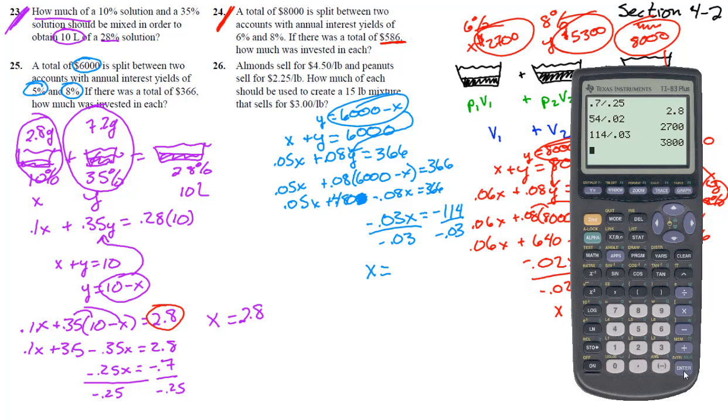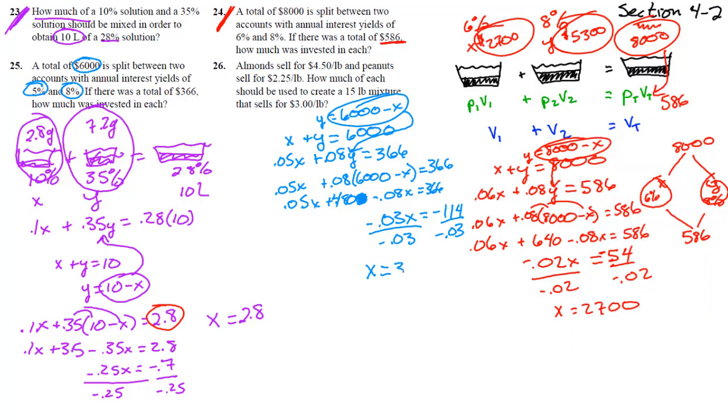Again, the negatives cancel, and we get 3,800. So $3,800 at the 5%, and we had a total of $6,000. So this one we get 2,200. When you subtract, 6,000 minus 3,800 will give you y is 2,200. And so that's how much is at the 8%.